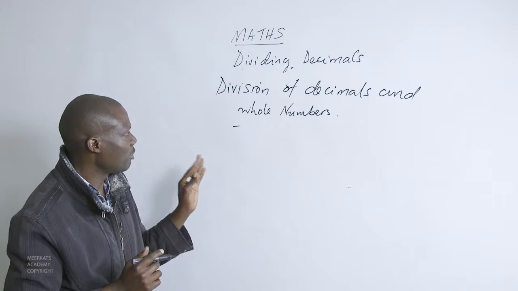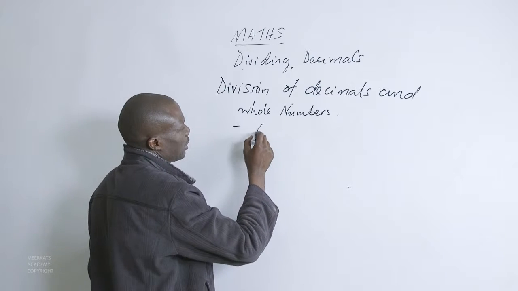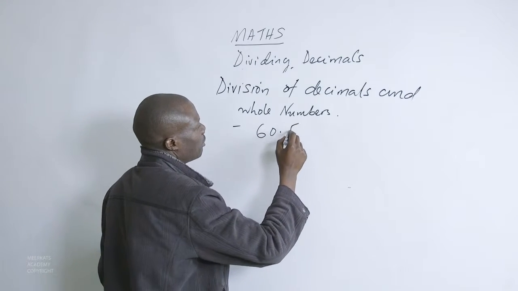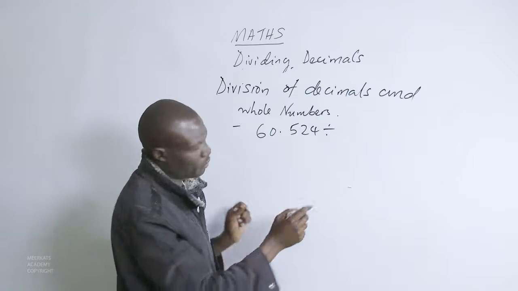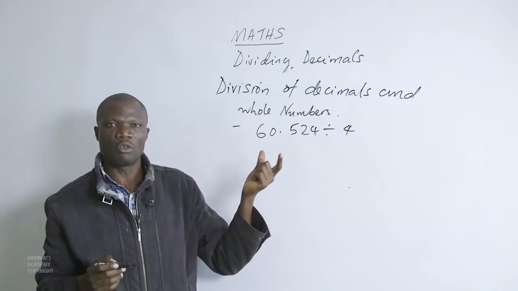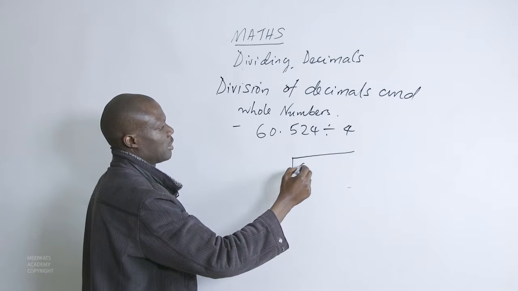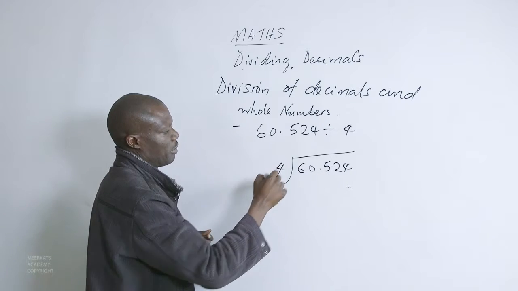Say you are dividing a decimal, for example, 60.524 divided by 4. Here, we find it is 60 divided by 4.